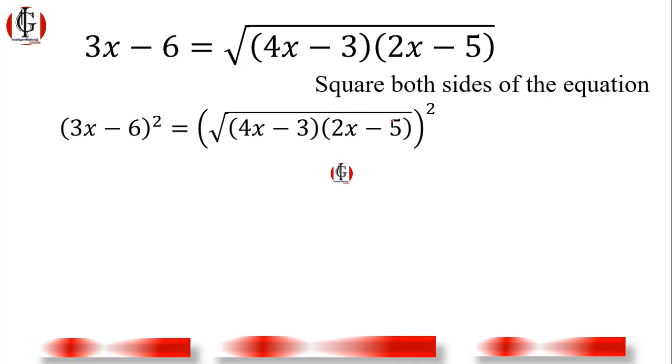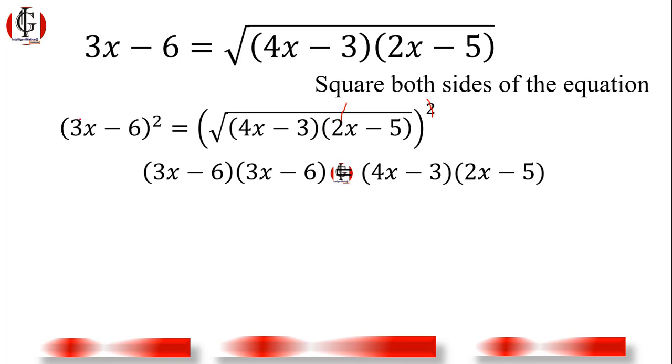So these two will knock this out, so the root will disappear. So I'm going to have 3x minus 6 into 3x minus 6 equals 4x minus 3, open bracket 2x minus 5.